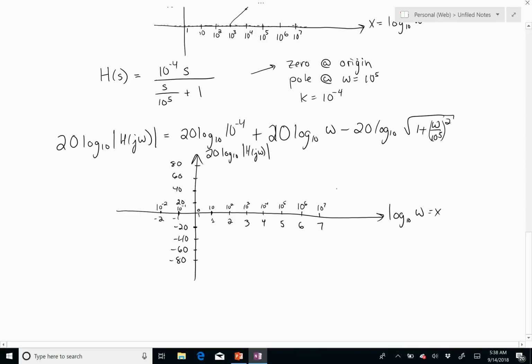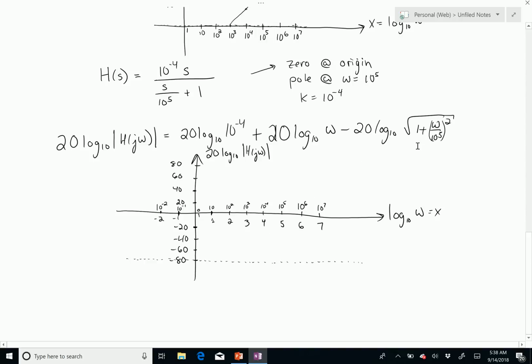Okay? All right, so let's go and do each of these individually. So I get the log of this constant. 20 times the log of 10 to the minus 4, that should be minus 80. Okay, so I got this guy here, minus 80. Comes along the bottom. Okay? All right, so I got that constant.